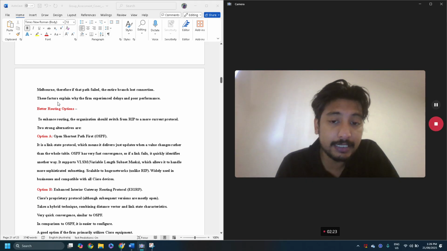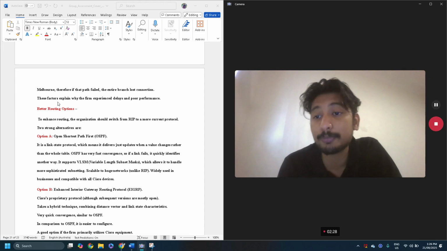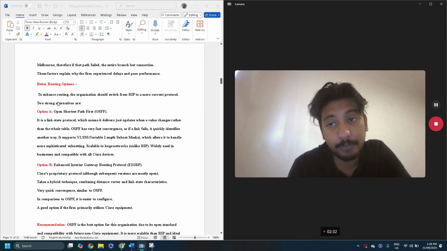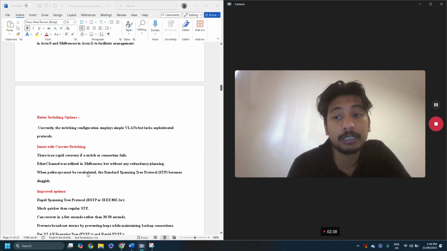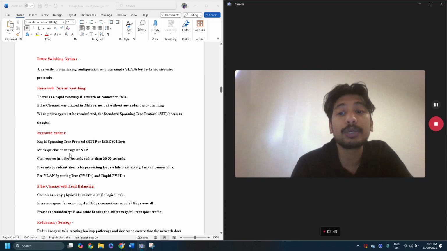The main solution is replacing RIP with OSPF. Here are the routing options, option A and option B, and then I have given the recommendations, the switching options, and the issues with the current switching, along with improved options.